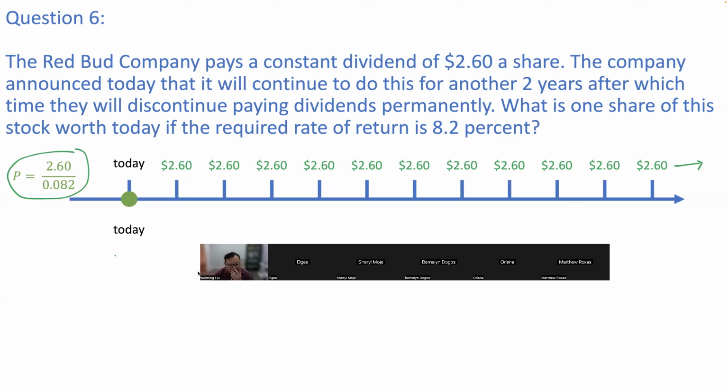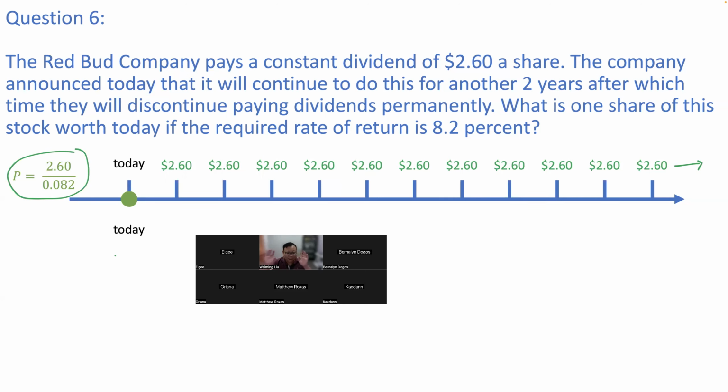So if the picture is like this, you use this formula, because the dividend payments are equal and it's a perpetuity. It lasts forever. In that case, the price should be the payment divided by the return rate. Okay, so now you understand that.